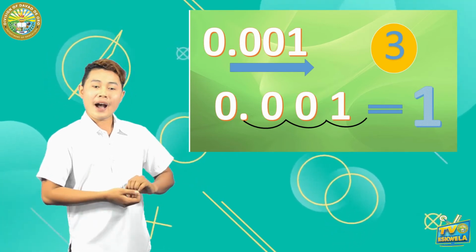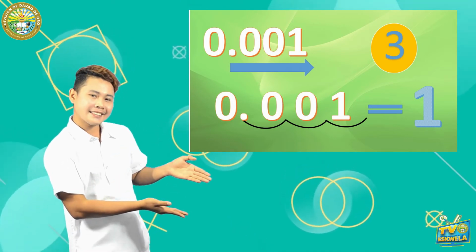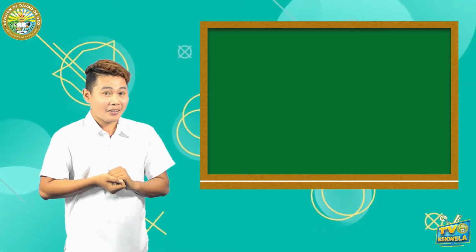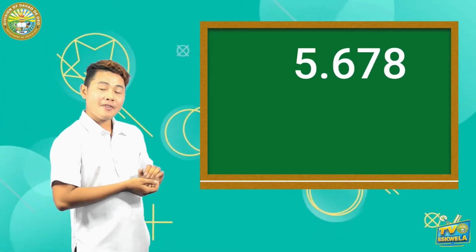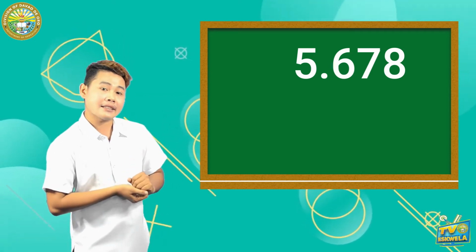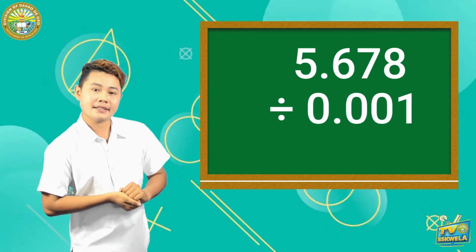Thus, 1,000ths becomes 1. Let us try this example. 5 and 678 thousandths divided by 1,000ths.